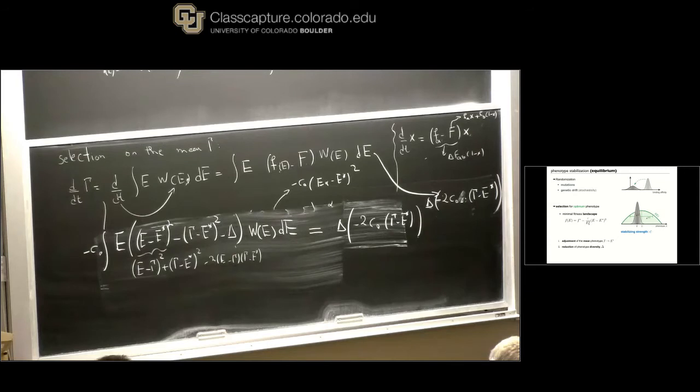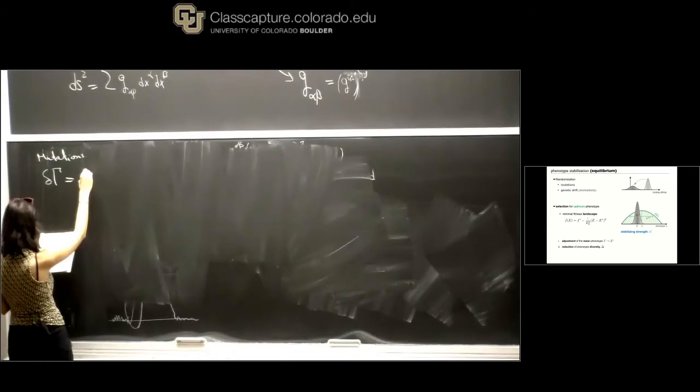So then we have the effect of mutations on gamma. And so let's say I want to understand how gamma changes due to mutations. That's an easier thing, right?